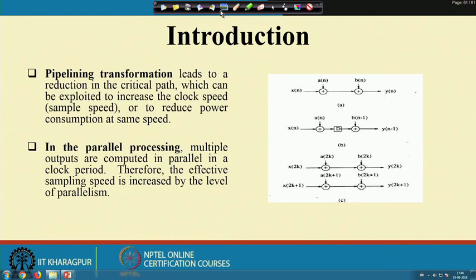After applying the input, after how many clock cycles I am getting the output, that number is the latency for that particular circuit.